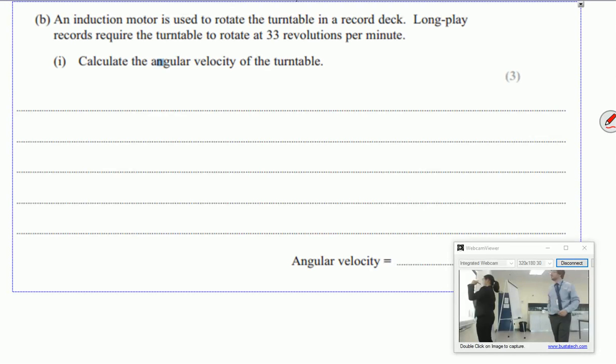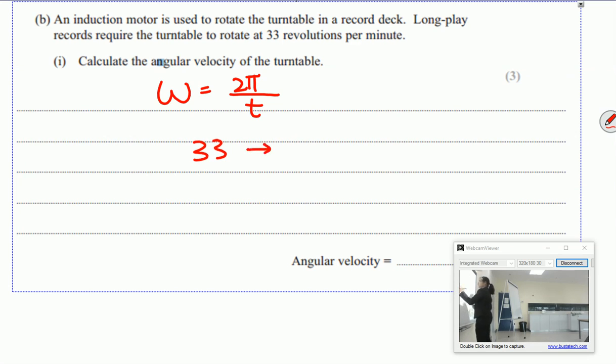Okay, happy with that? Cool. Time taken for 1 revolution. Yep. And because it's 33 revolutions in 60 seconds, so 1 revolution would take, which would be 0.82 seconds.